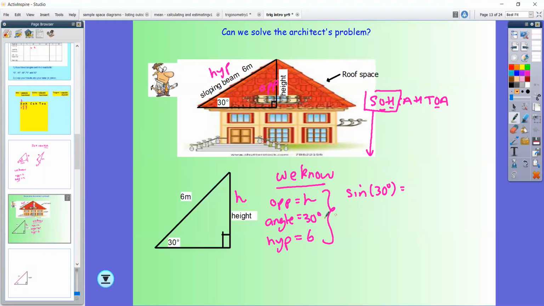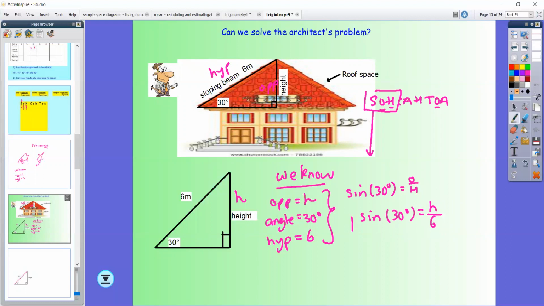Now sometimes they might struggle to do that straight away, so sometimes I'll just write O over H, and then the next line, until they're happy to go straight to this: opposite is h, and hypotenuse is 6. Maybe a little bit confusing that I've used lowercase h there, so you may want to use a different letter.